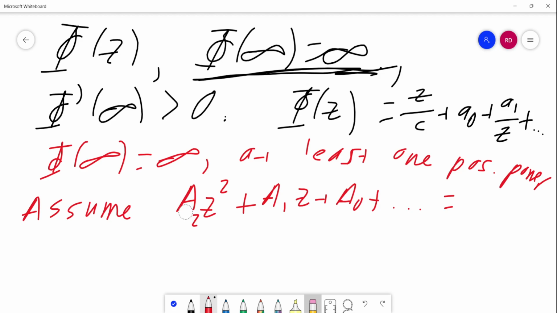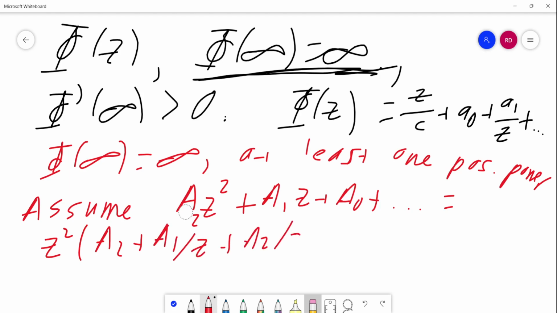Yeah, the idea was we could then factor out z squared. It would be a2 plus a1 over z plus a0 over z squared plus dot dot dot.